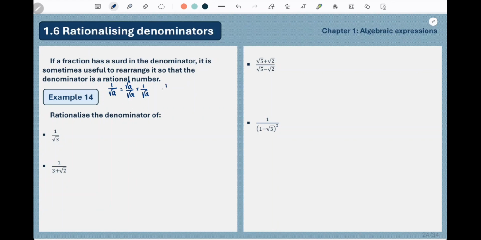But in the case where you have something added to it, okay? So what you do instead, you multiply by a minus square root of b over a minus square root of b. So it's the same thing as saying 1, and you write your original expression, and you simplify by manipulating.